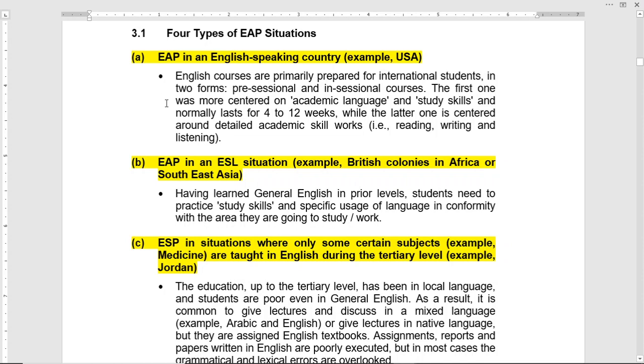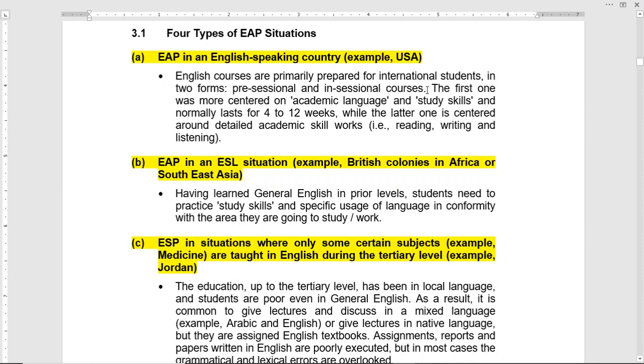So English for academic purposes in an English speaking country, for example USA. In such countries, English courses are primarily prepared for international students: pre-sessional and in-sessional courses. That means when they have the orientation, there will be an English course to teach the language.